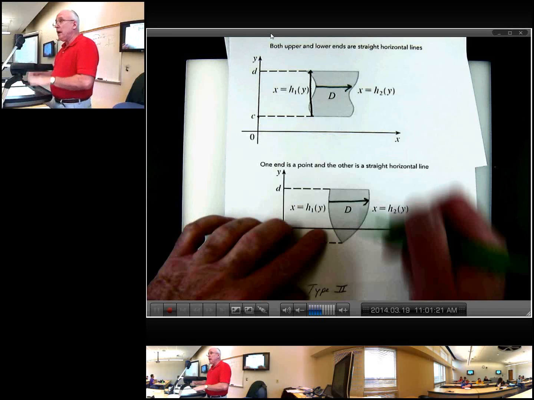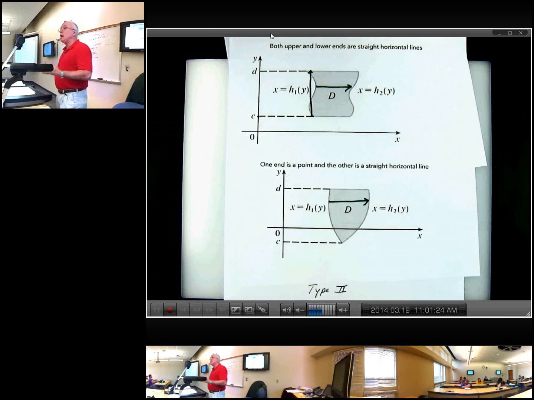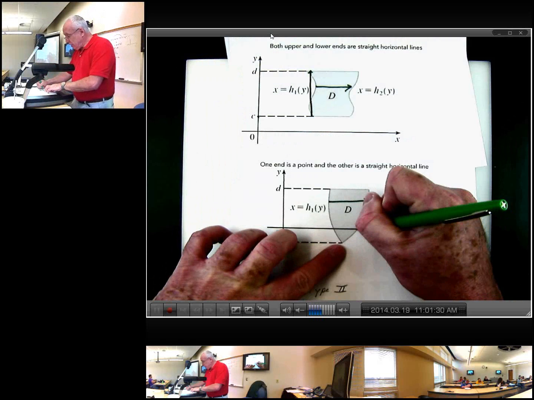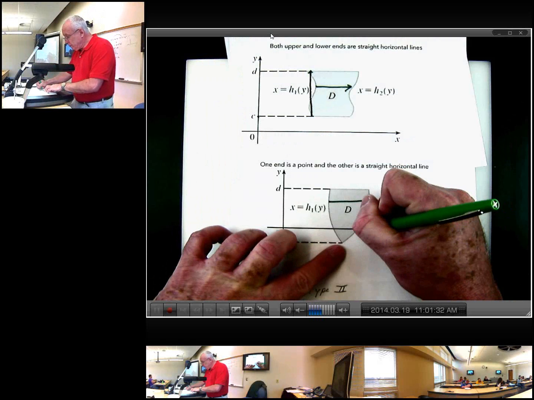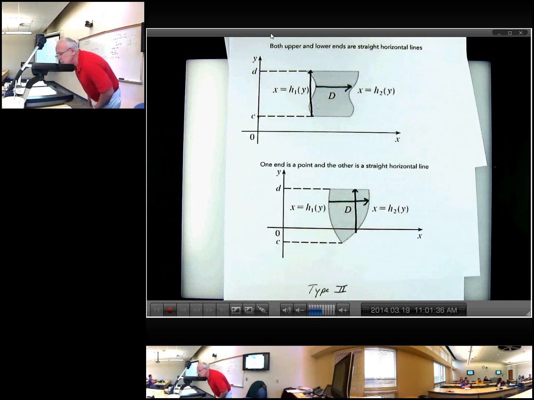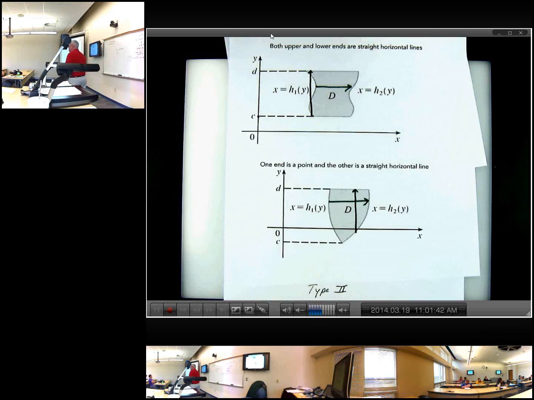So we can have a region that is both a type 1 and a type 2. Because notice here, I can draw a vertical line anywhere here in this region. There might be a little bit of trickiness there, but let's pretend it isn't there. I can draw a vertical line and it stays within the region.